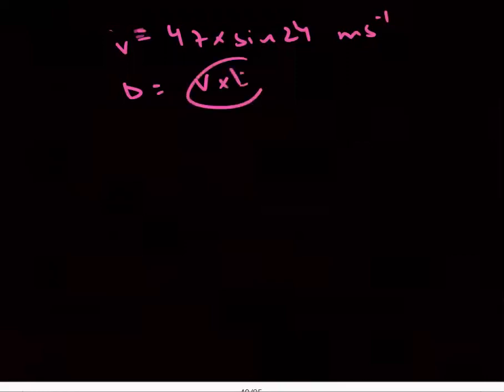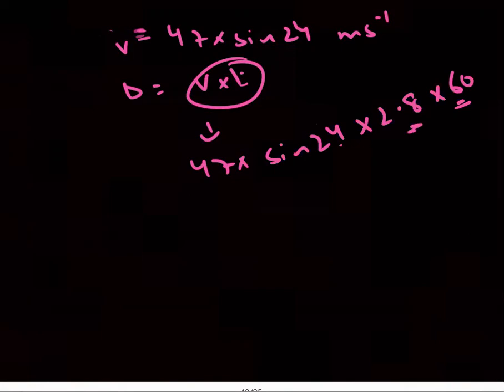V into T. So V into T, and T is 2.8 minutes. It is given in minutes and we are converting it into seconds, so that the distance is in meters. So the answer is coming 3200 meters. Hope you guys have understood this.